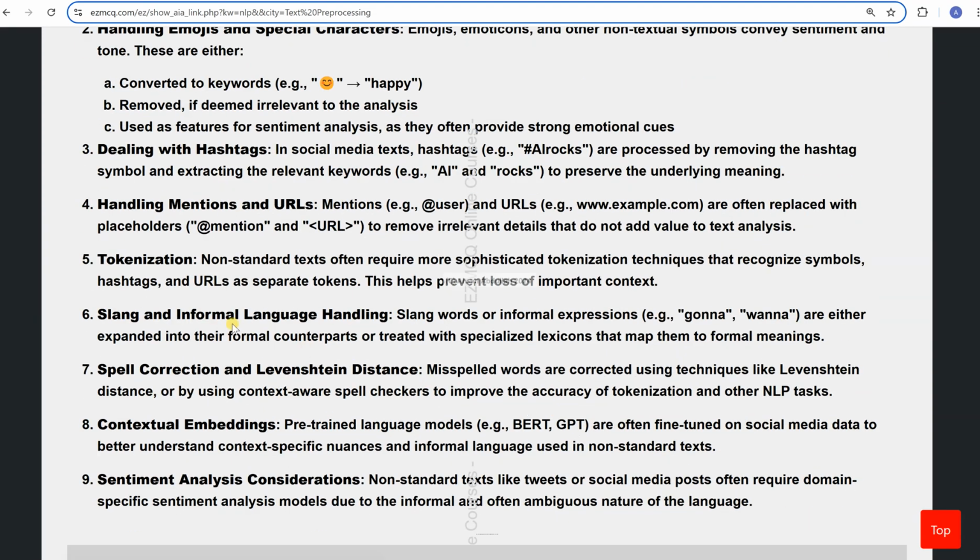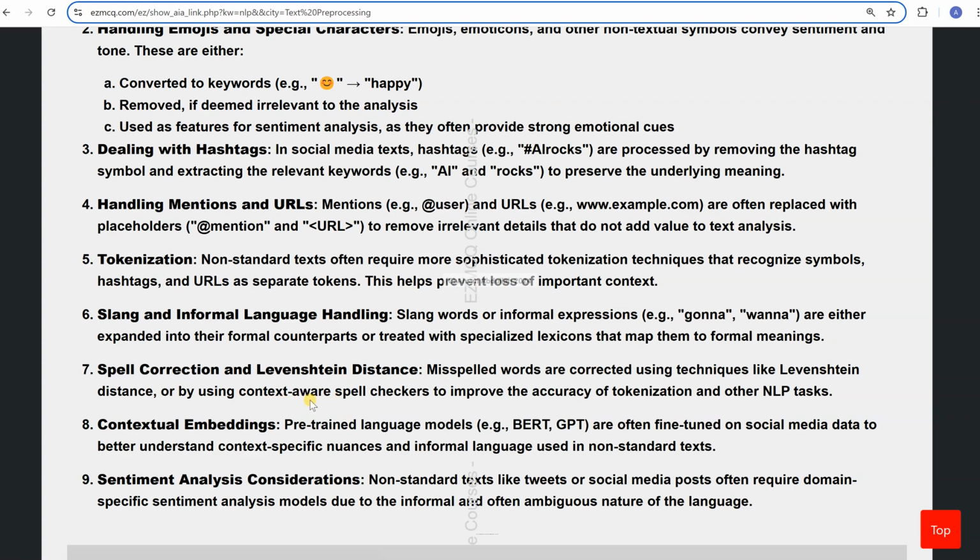And then there is slang and informal language handling. For example, gonna and wanna need to be expanded into their formal counterparts, or treated as a specialized lexicon. So it's up to those decisions. Spelling corrections: how the spelling corrections are going to be done, or there has to be context-aware spell checkers.